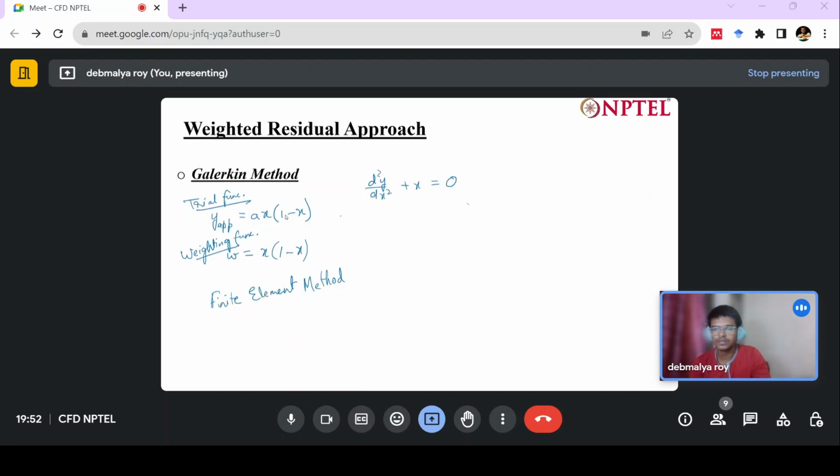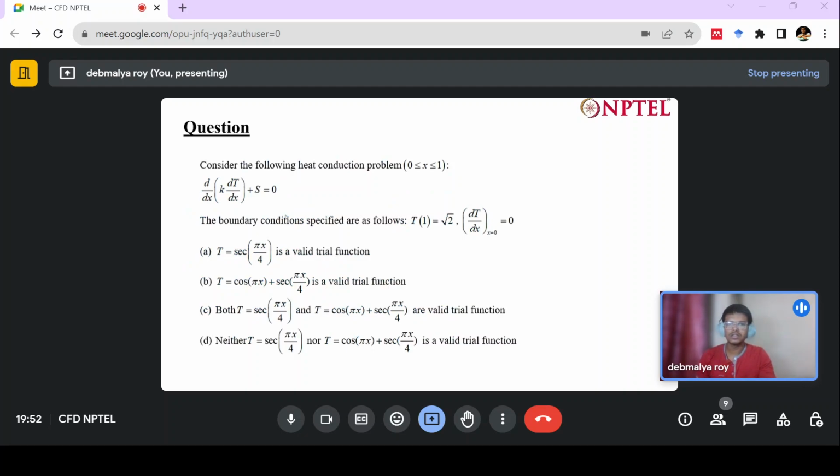If anyone has any questions, otherwise let's do these questions quickly. So we have the conduction equation and boundary conditions are given. Can someone tell me which one is the essential, and which one is the natural boundary condition here?